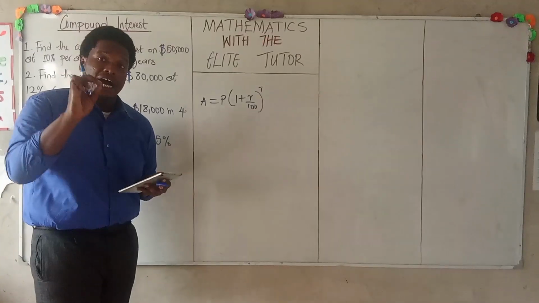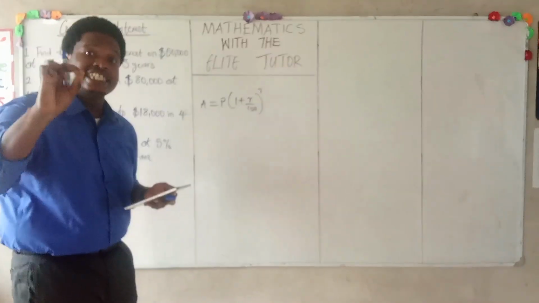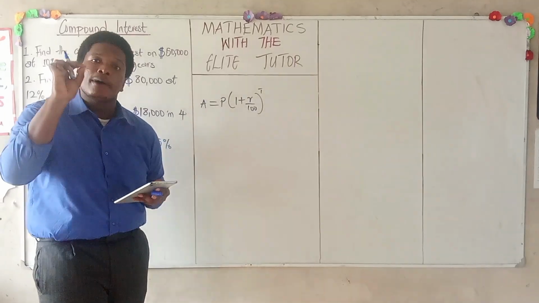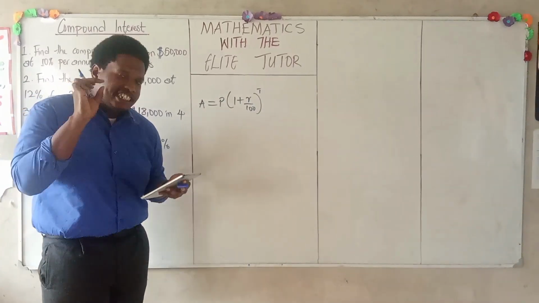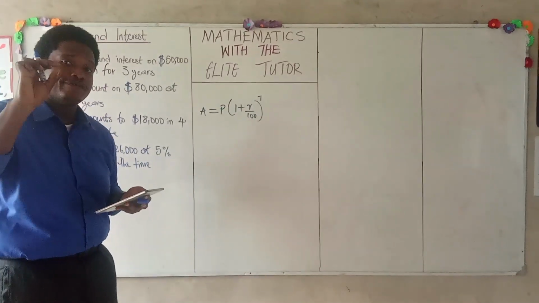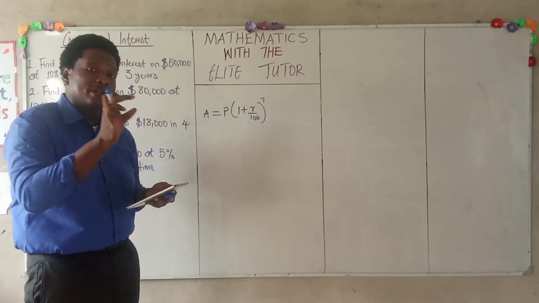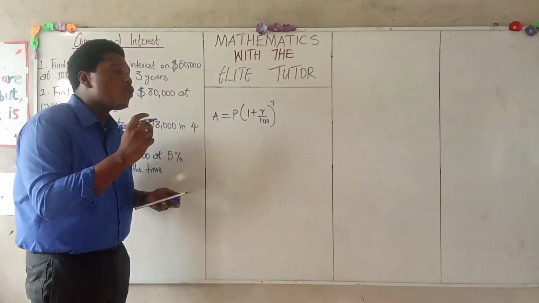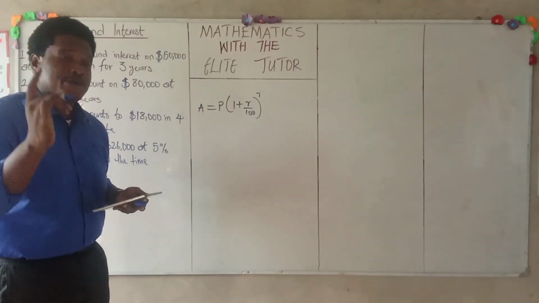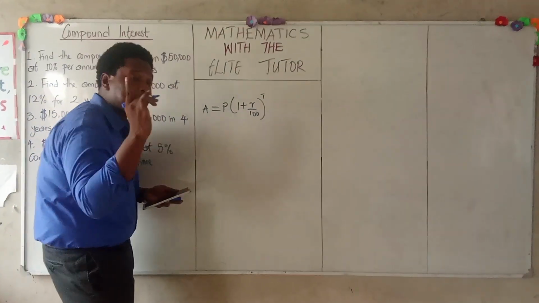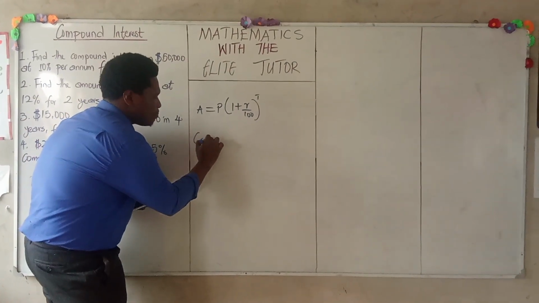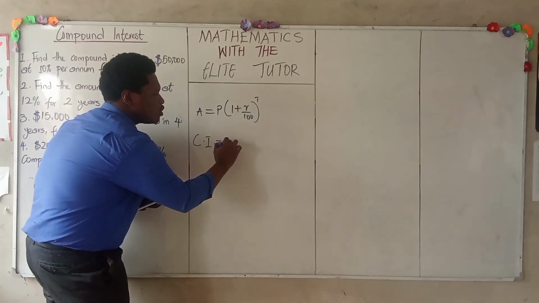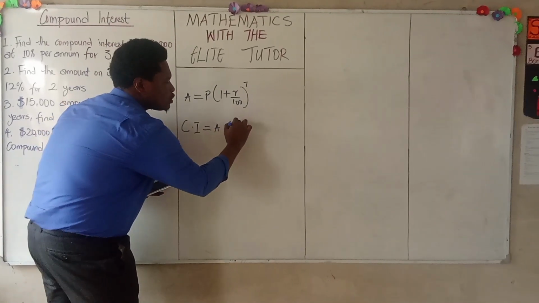This formula helps us to ascertain the value of our amount. And why is this formula important? It is important because the formula for compound interest is: compound interest is equal to amount minus principal.